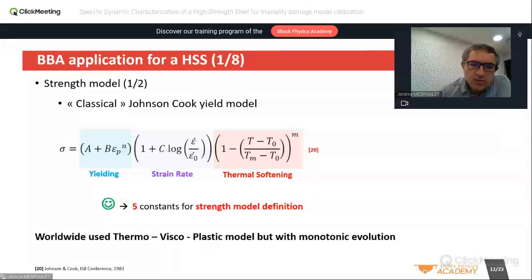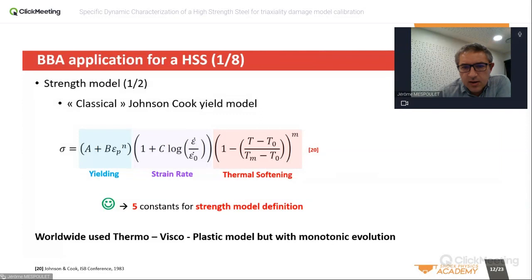So in fact, if you look at the model, you have only 5 constants, A, B, N, C, and M, and these 5 constants define strength in this model. It is one of the most worldwide used thermoviscoplastic models, but it is with monotonic evolutions. It means the evolution is continuous.